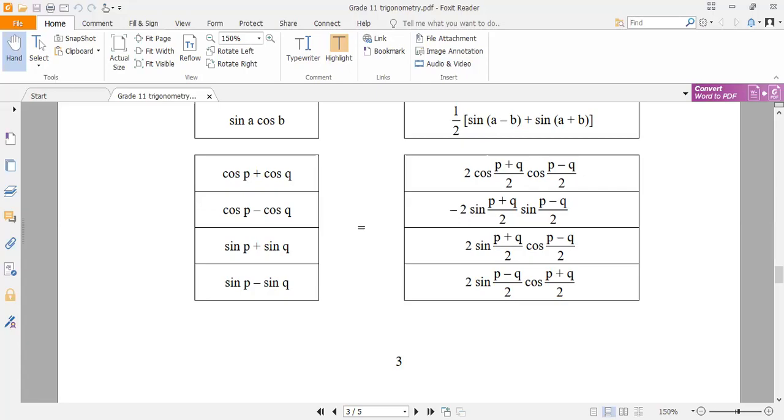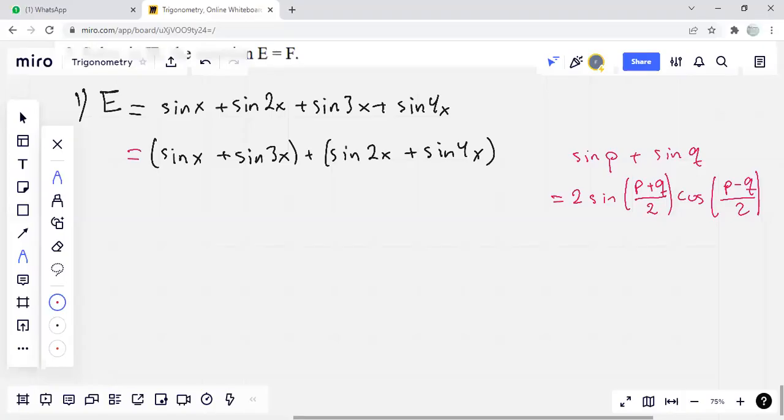Now let's apply it. How do we apply such a formula? Here in the first pair of sines, the first angle is x and the second angle is 3x. So this is p and this is q. Okay, and we can apply this rule.